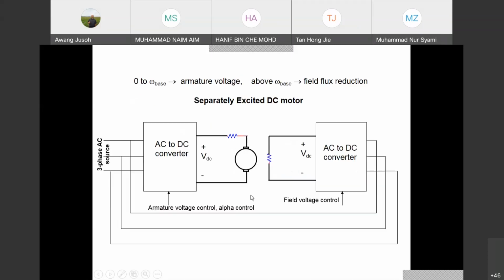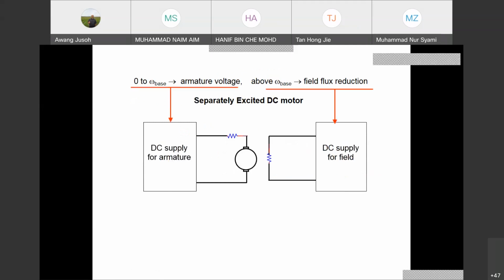Any problem for the shunt motor? The separately excited motor is the solution only for speed control. We can compare now. Both can be used, you can use shunt and you can use separately excited. But you see that the shunt cannot maintain the flux.